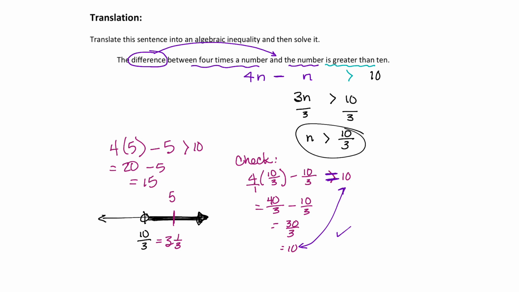Yep. Okay. 10 thirds is that lower limit, if you will, of this arrow. So when I plug it in, that would be equal right here. Okay, so that gives you your limit, but we know instead of being equal, we have to be open circle or not equal.